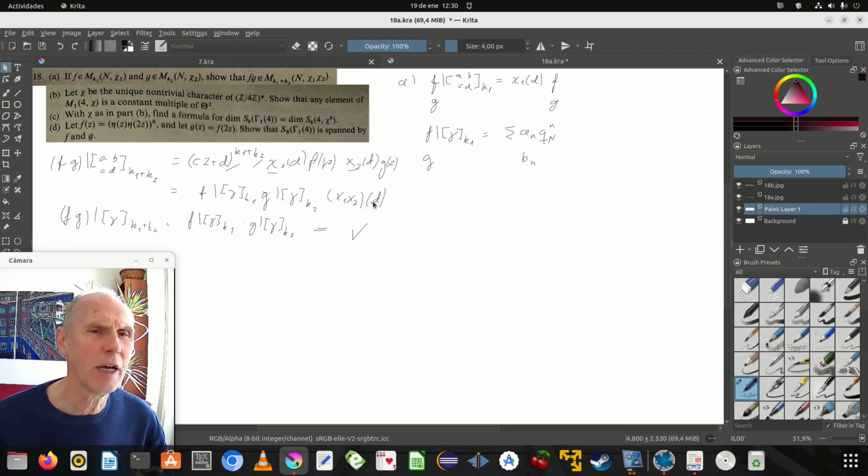And now for B. The unique character, of course, is the one that when D is, we are in gamma naught of level 4, so A is either A and D. The product of A and D is equivalent to 1 modular 4, so that means they're both equivalent to 1 or to modular 3.